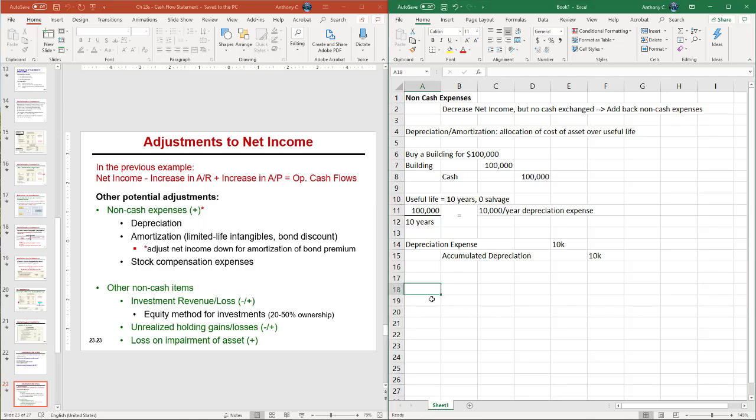Okay, so for amortization of bond discounts and premiums, if you recall back to chapter 14, when we amortize a bond discount or premium, it affects the amount of interest expense we recognize.